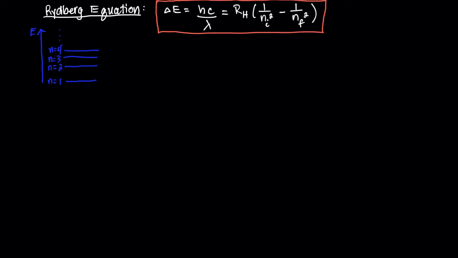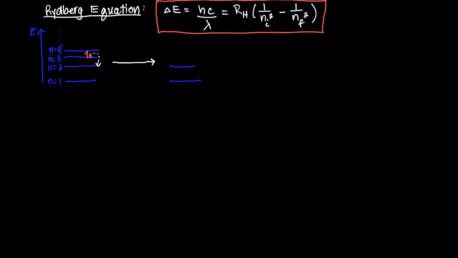Let's say we've got our atom in a bulb to do an emission spectrum, and the electron is hanging out here in n equals 3, so the third energy level. At some point, that electron will fall down to a lower energy level, so n equals 2 or n equals 1, for example. Let's just say it falls down to n equals 2.